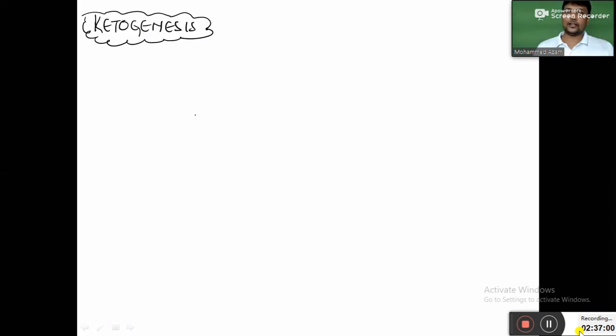Now let us see ketogenesis, formation of ketone bodies. The ketogenesis is actually going to begin with acetyl CoA. Acetyl CoA combines with acetyl CoA.